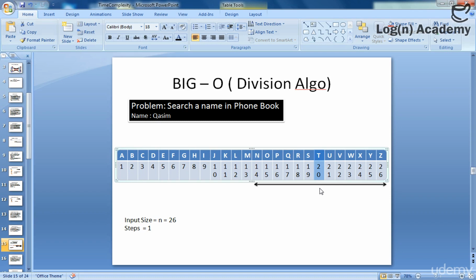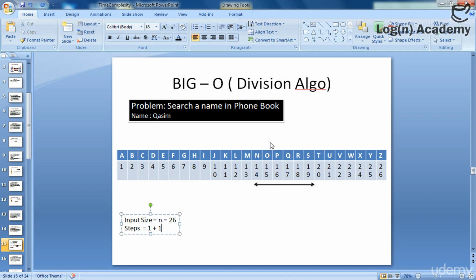We know that Q comes before T, so we will shrink our input size, and now our problem space is this one. So we have done the second step.